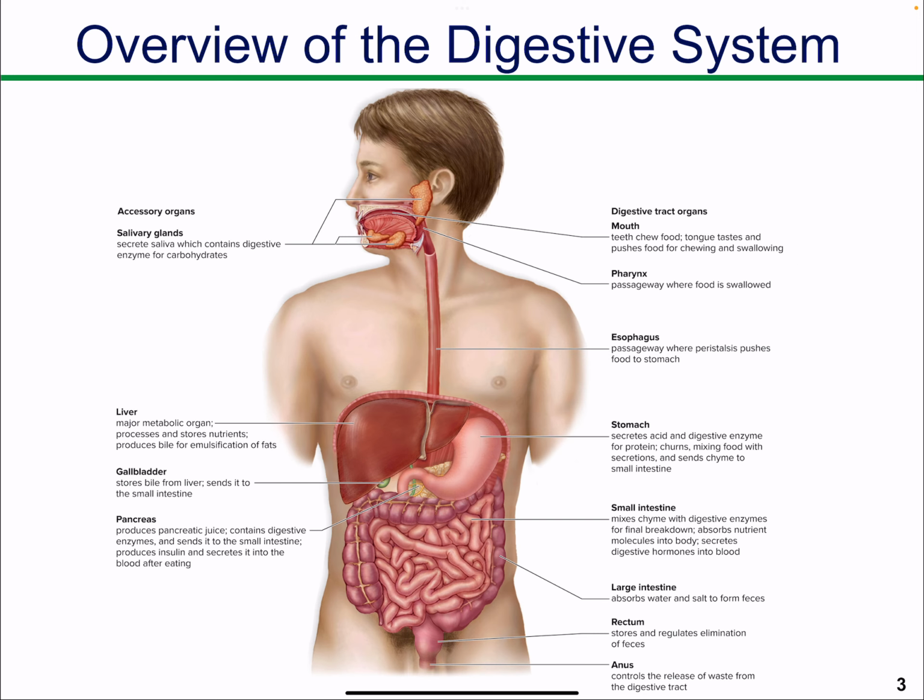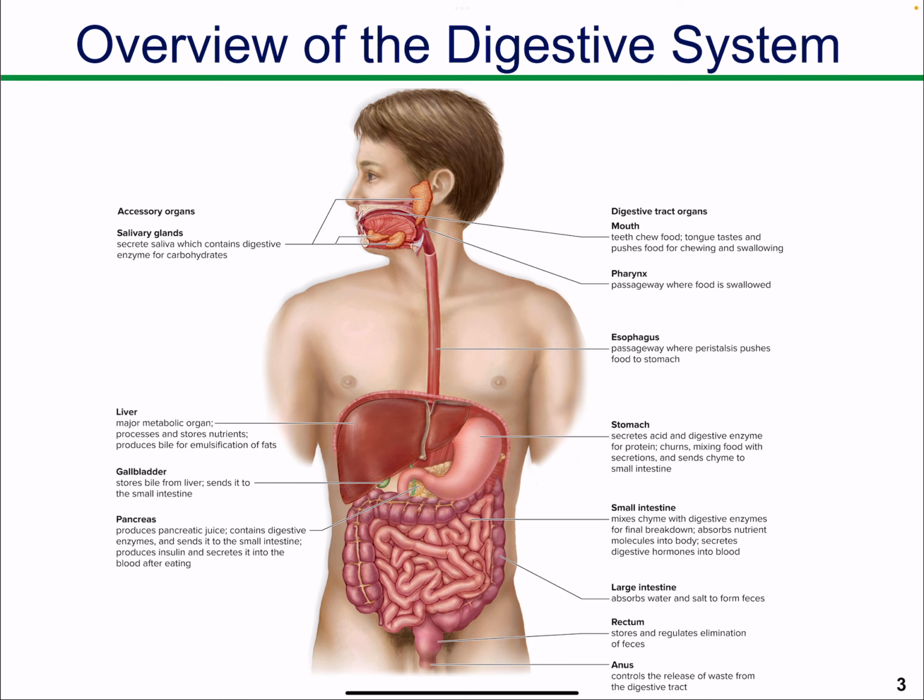Now, as you think about this question, this slide that you see here is actually going to answer a number of these questions that we just asked and that I want you to keep in mind. One, the digestive system is made up of main organs and accessory organs.